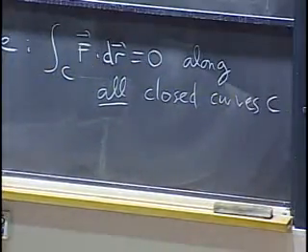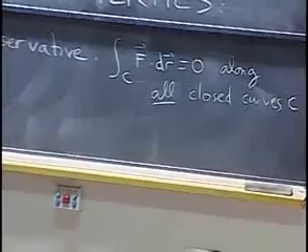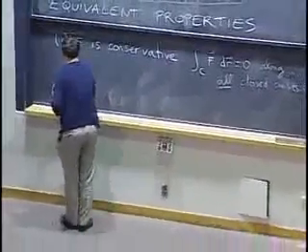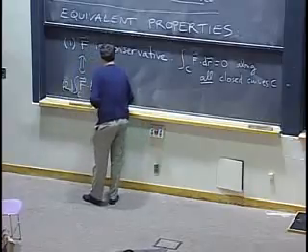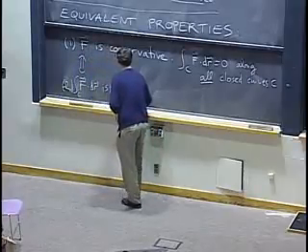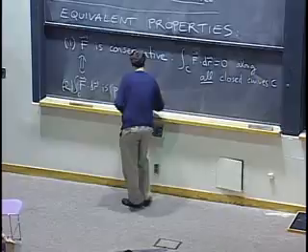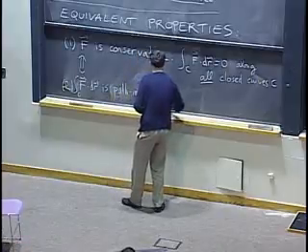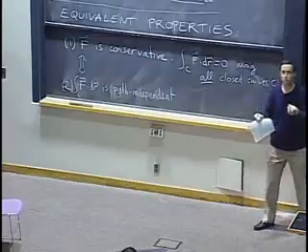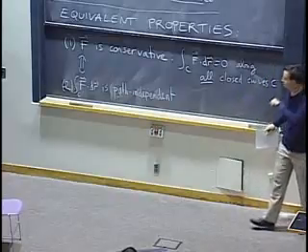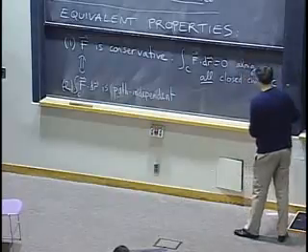So now I claim this is the same thing as a second property, which is that the line integral of F is path independent. That means if I have two paths with the same endpoints, then I will always get the same answer. Why is that equivalent?